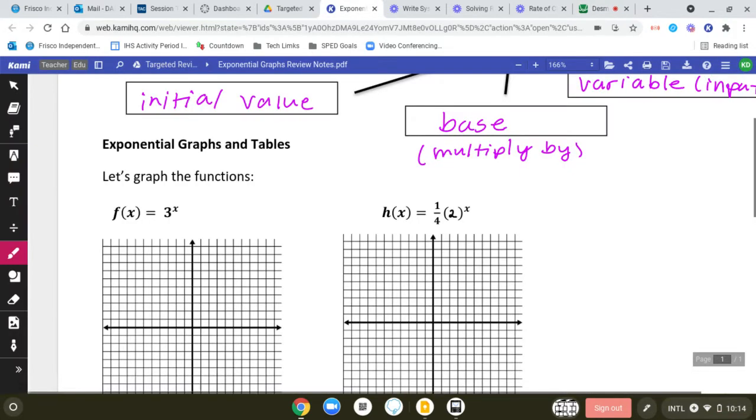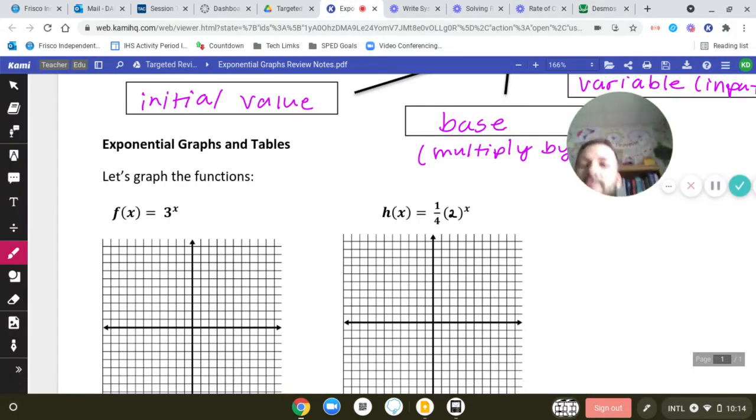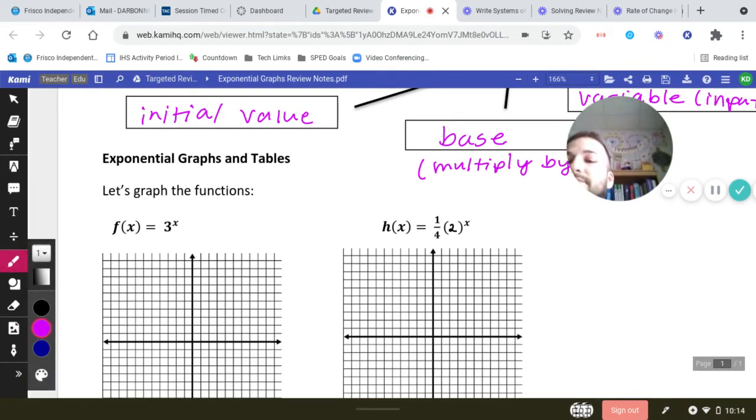So we have the point 0, 1, which is our y-intercept, because technically there is a 1 there in front. Then 1, 3, 2, 9, and so on and so forth.